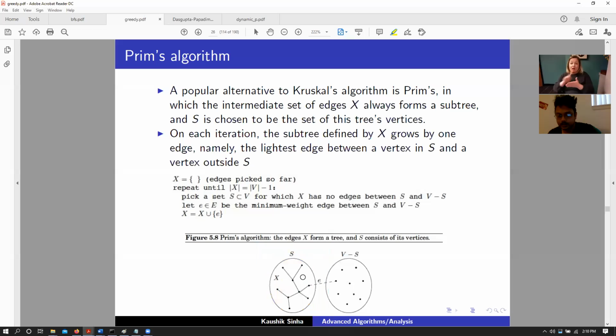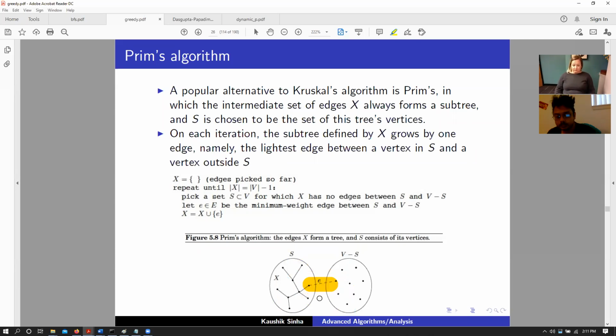Right, so let's say that Prim's has discovered this set of edges that has the minimum cost set of edges, and then it will only look at edges. Let's say that it has an edge here, it has an edge here, and it has this particular edge here. So it will only look at these three edges and choose the edge that has the minimum cost between these two sets of vertices, that is the set of vertices that we have discovered and the set of vertices we have not discovered, right?